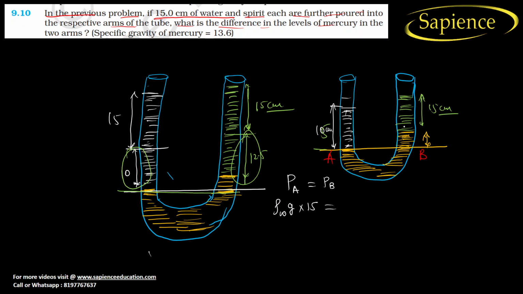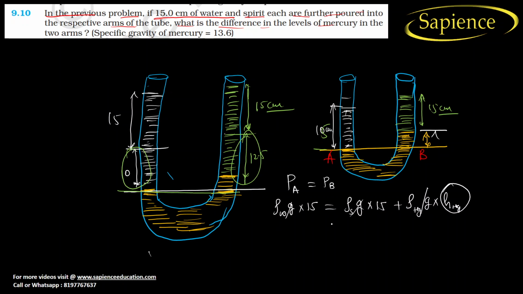Now in this direction, density of the spirit into gravity G into height 15, plus this one: density of the mercury into G into height of the mercury. So this height we need to find. G gets cancelled because all the G's are common.